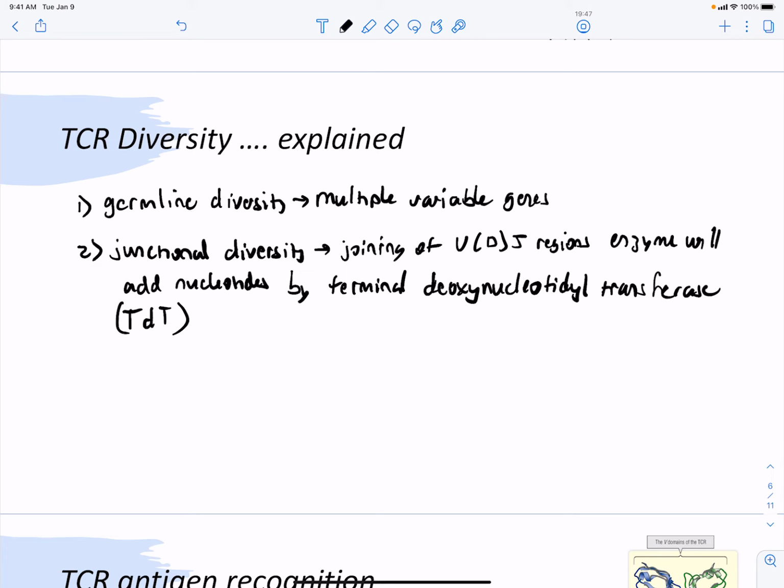And this deoxynucleotide transferase, adding random nucleotides in between the diversity, joining, and variable regions, is higher in T cells than in B cells. It's about 10 times higher.